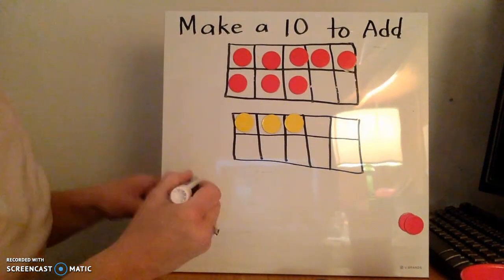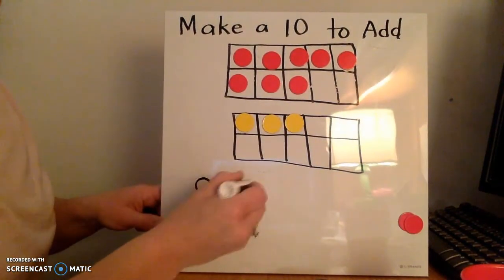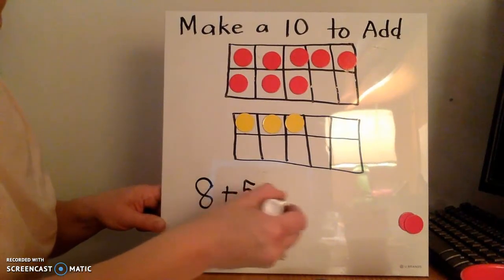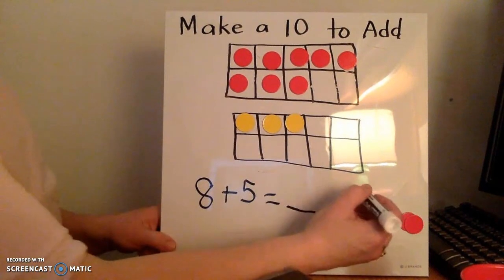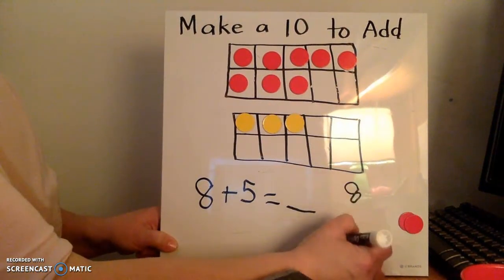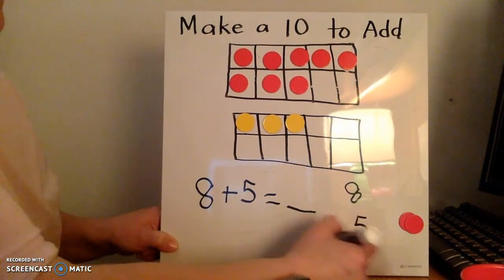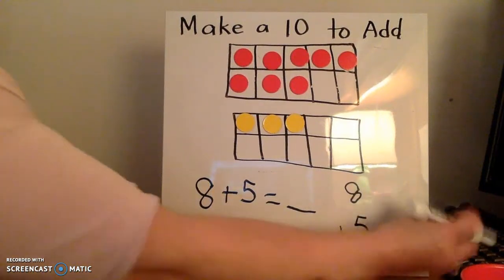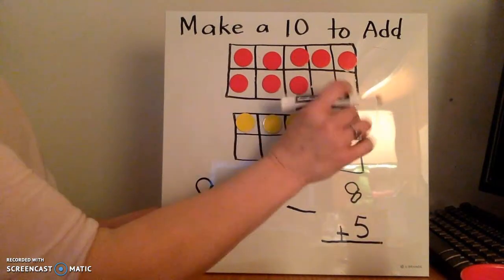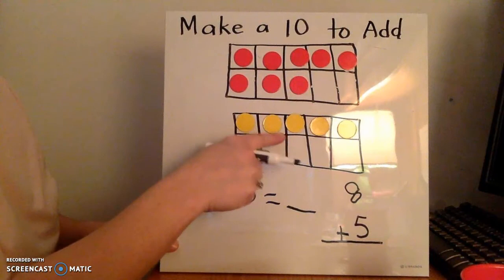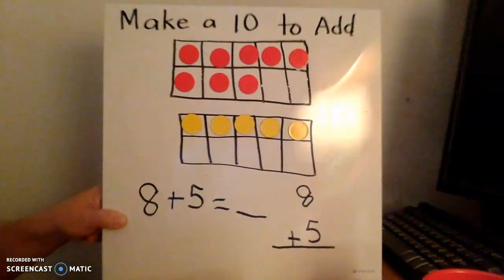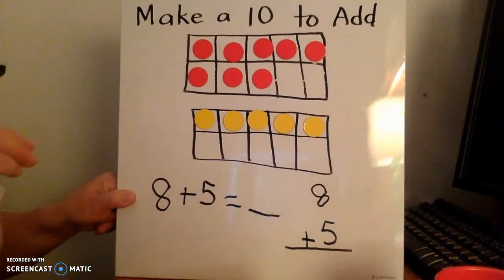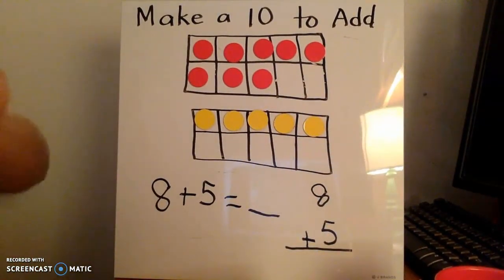And let's add 8 plus 5, or 8 plus 5 equals. Okay. Here's my 5. 8 plus 5, right? Does that look good? Just move this again. There we go. All right.